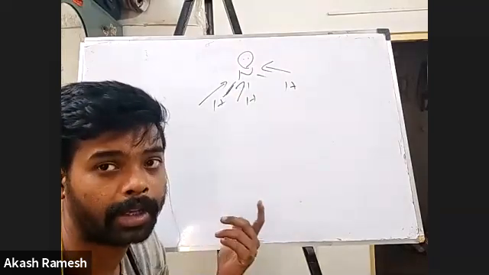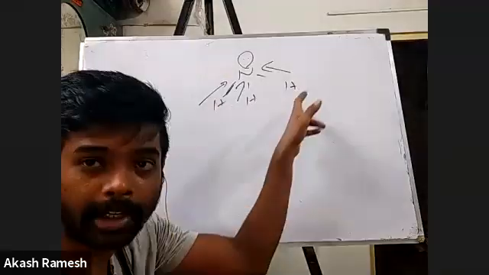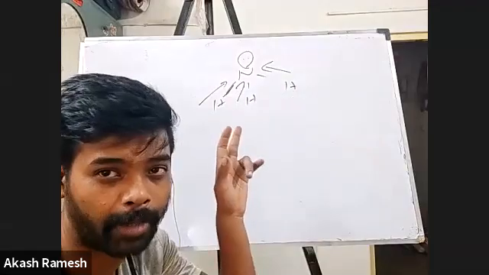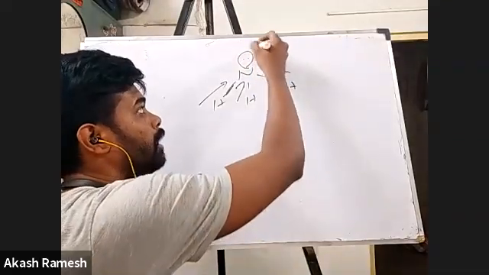So I have 3 bond dipoles, 3 bonds which are polar, and they will have corresponding dipole moments. Other than that, I have one more dipole moment, which is because of this lone pair, and it is going to point towards the lone pair.